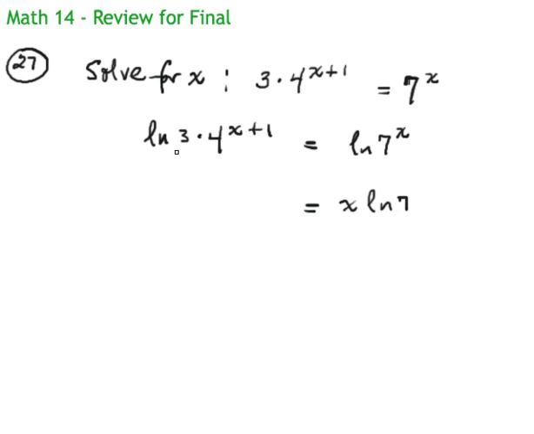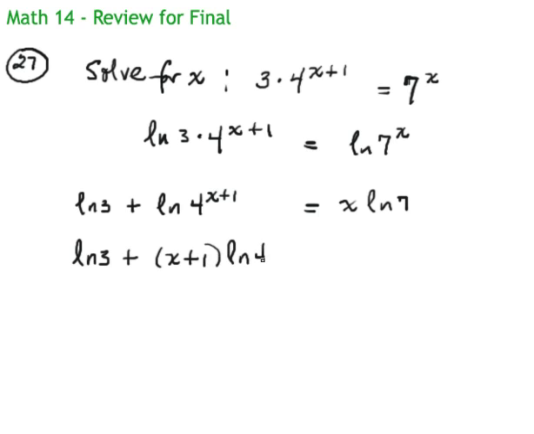But on the left hand side, I'm going to first have to expand this using the first log property, and this is ln 3 plus ln 4 to the x plus 1. Now I can bring down the x plus 1. In the next line, I'll write ln 3 plus x plus 1 ln 4 is equal to x ln 7.